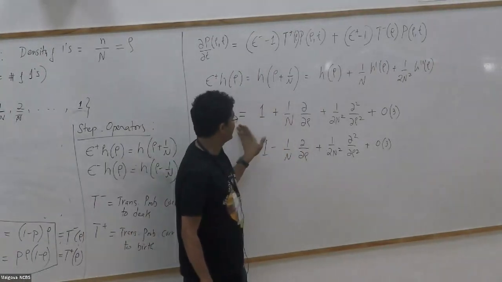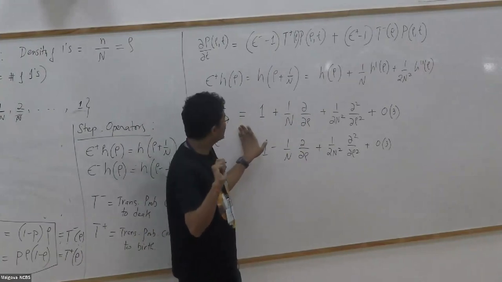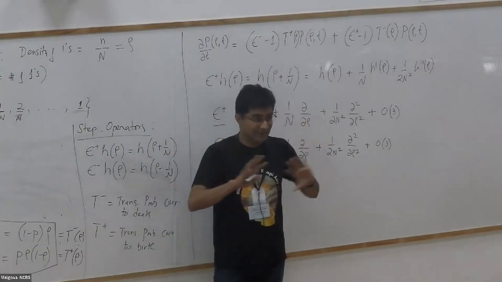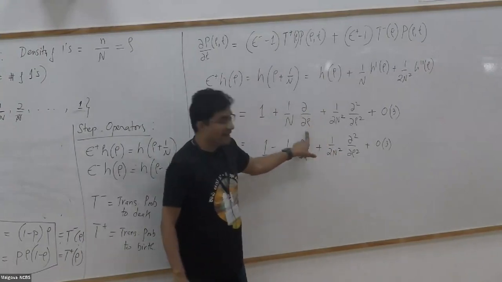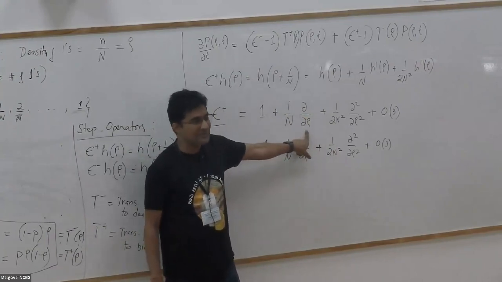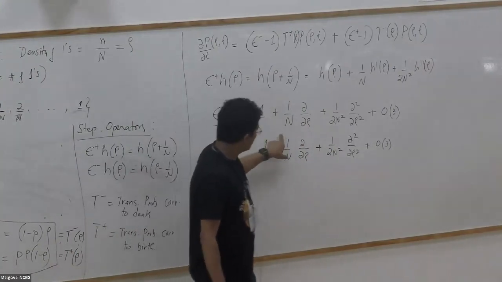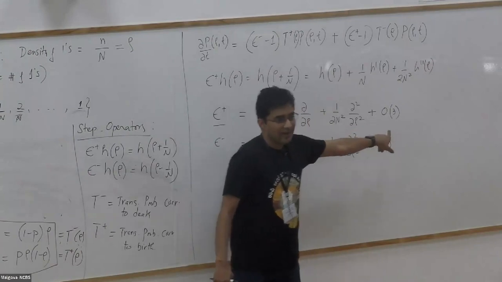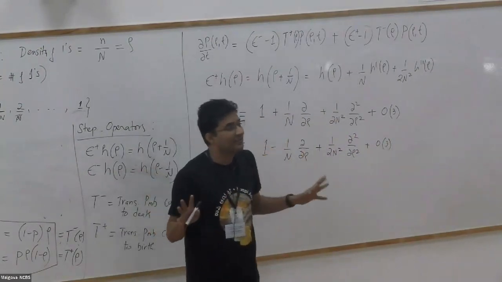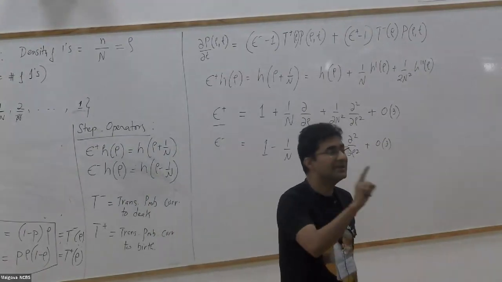By the way, when I did this, I have done some crazy hand waving in saying that rho, which was changing in units of 1 over n, I can still treat the corresponding functions as continuous, which means that I'm treating n to be sufficiently large both to be able to drop the terms as well as to treat rho as continuous. So this is a very important and crucial assumption, in addition to the fact that I had made a mean field approximation.